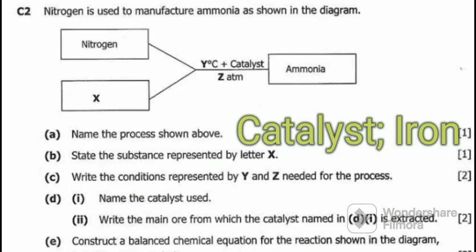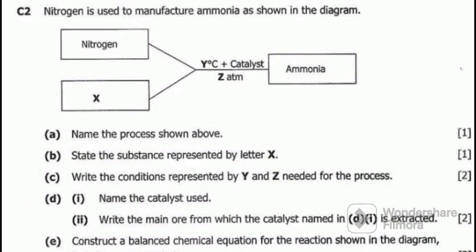A number of transition elements are catalysts. D2, write the main ore from which the catalyst named in D1 is extracted. Iron is extracted from a chief ore called hematite.